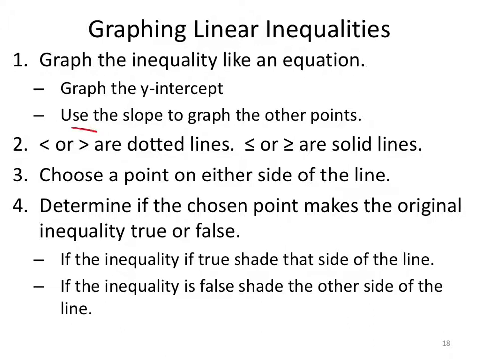So these two are not equal, so it's a dashed line, which indicates that all values on the line are not solutions for the inequality, meaning they would give us false statements. If they have the equals part of the inequality, then it's a solid line, which indicates that all values on the line are part of the solution set.